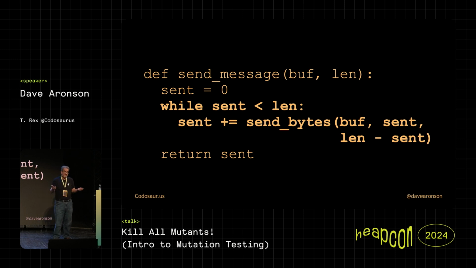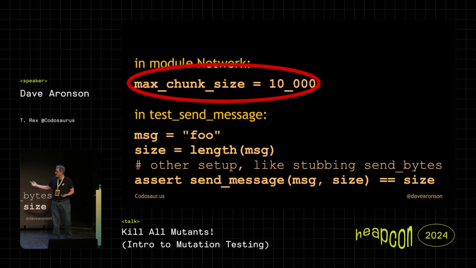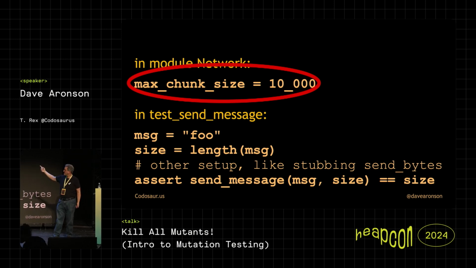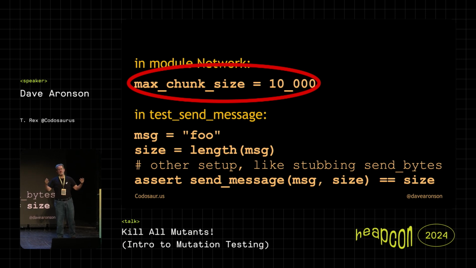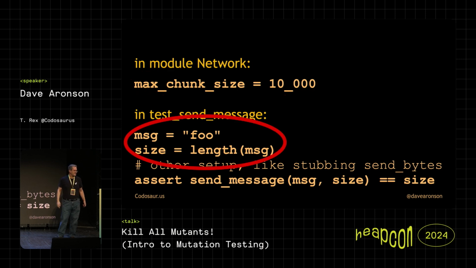The most likely is that we forgot, or more likely just didn't bother, testing with a big enough message. For instance, suppose our maximum chunk size, what send bytes can handle in one chunk, is 10,000 bytes, and yet for whatever reason, we're only testing with an itty-bitty 3-byte message. There we go.